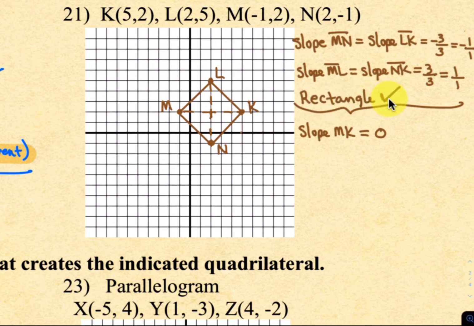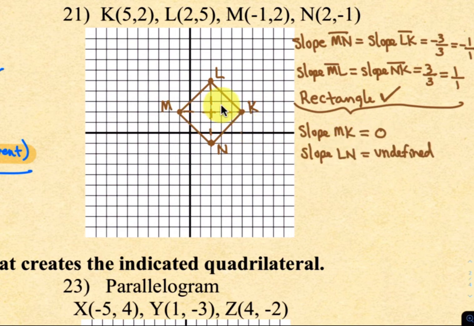So we definitely have a rectangle. But now we need to show that it's not only a rectangle, but that it is a square. One way to do that is to look at the slopes of these two diagonals, MK and LN. And we just need to show that they are perpendicular to each other. So the slope of MK is 0.